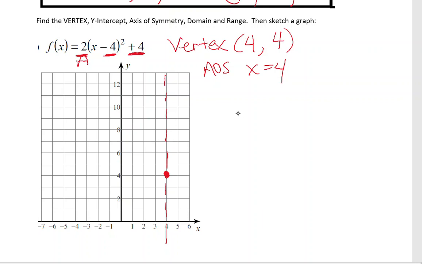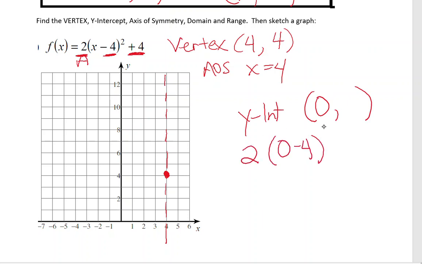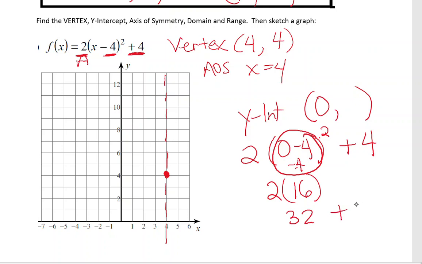Let's find the y-intercept. To find the y-intercept, plug in 0 for x. 2 times (0 minus 4) squared plus 4. 0 minus 4 is negative 4, and negative 4 squared is positive 16. 2 times 16 is 32, and 32 plus 4 is 36.